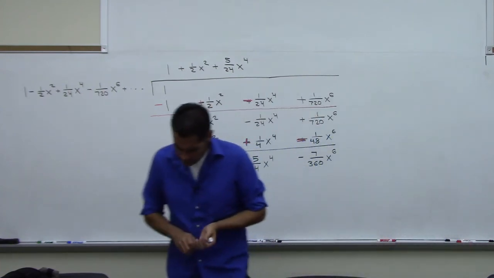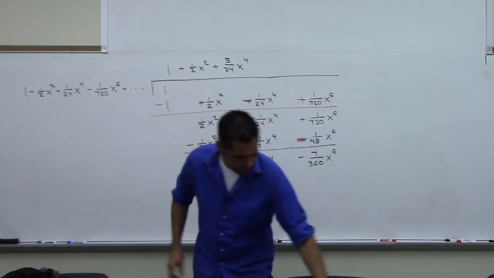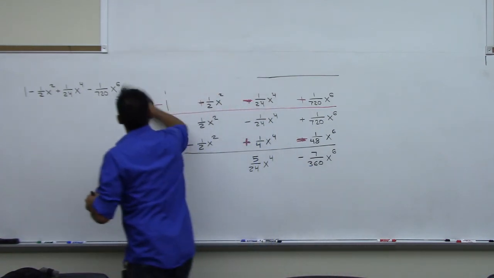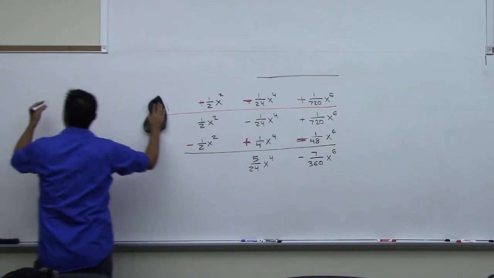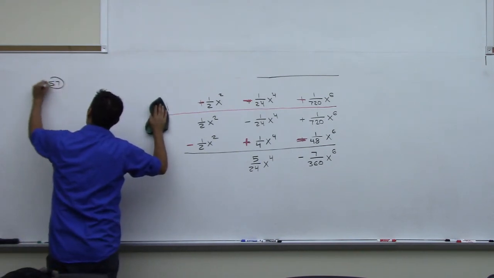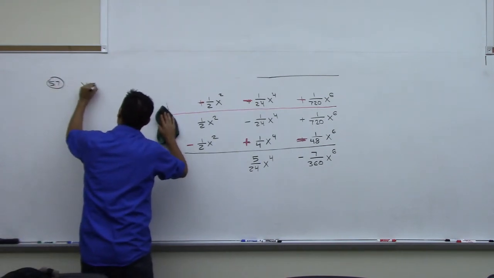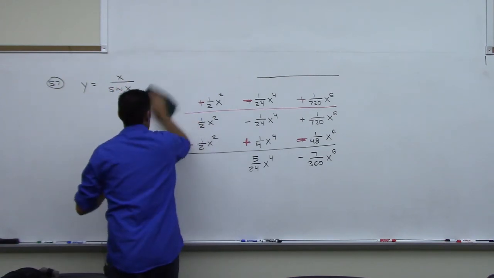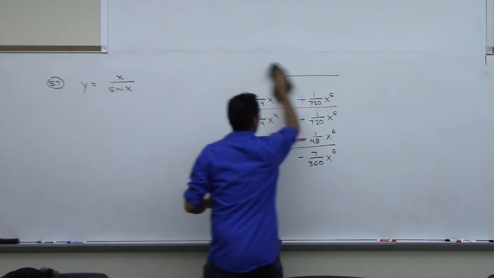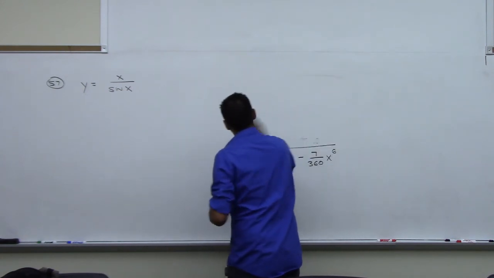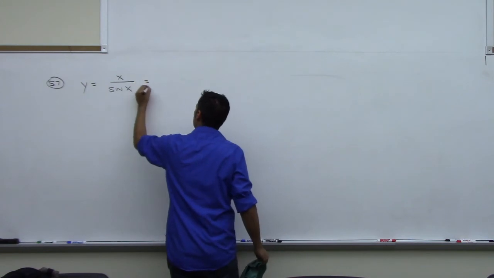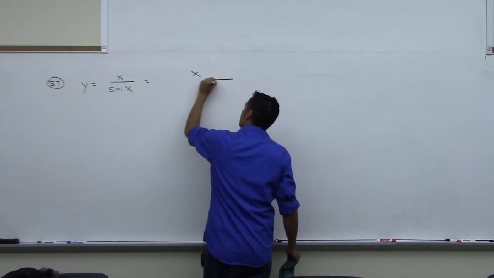All right, number 57. We have y equals x over sine x. So we do have a power series, a Maclaurin series for sine. So this is the same as x over.